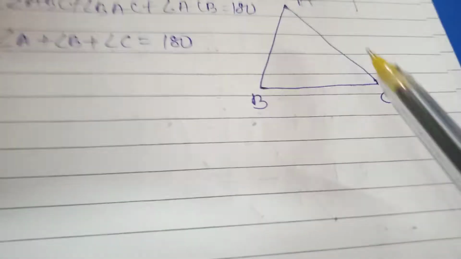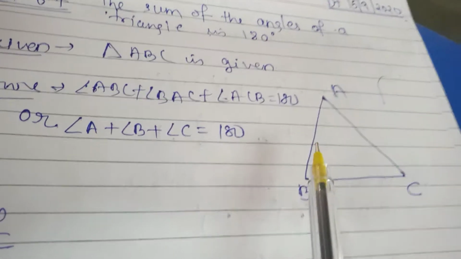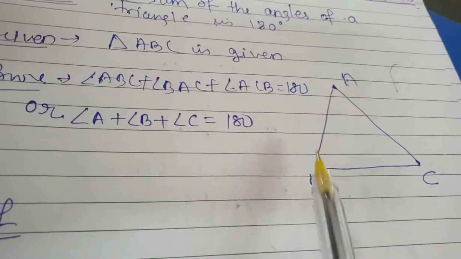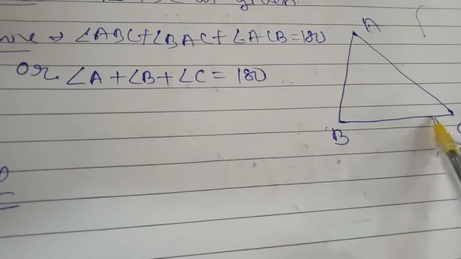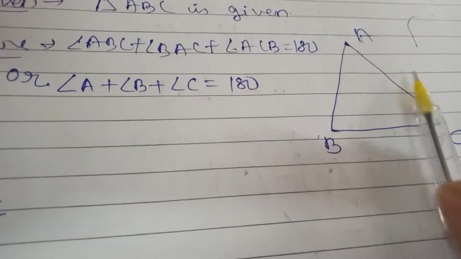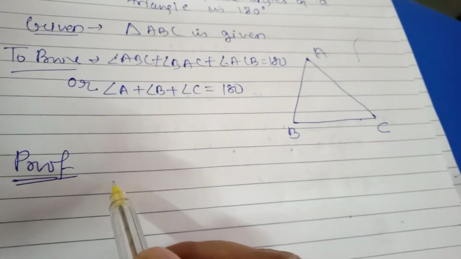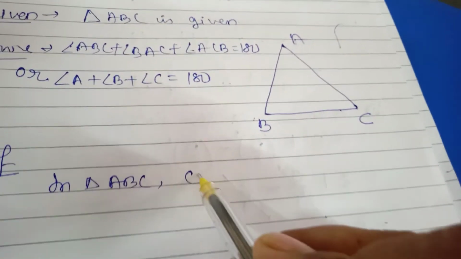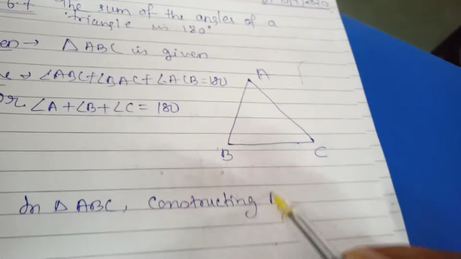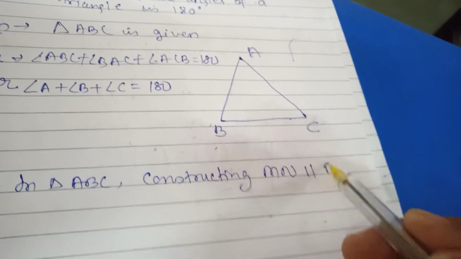For proof, see why I sketch the diagram here, because it is our basic concept that the sum of all the angles of a triangle is 180 degrees. But while going to prove it, we need some construction here. So for that, we'll start that in triangle ABC, constructing MN parallel to BC.